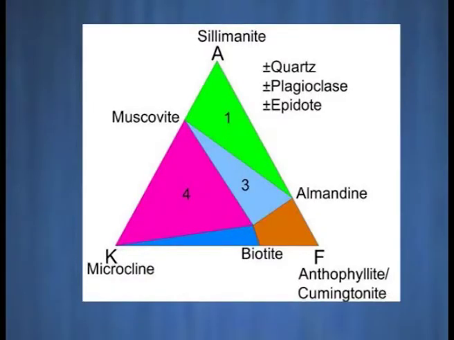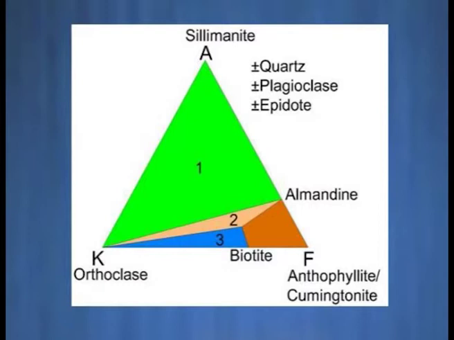Muscovite, which was present throughout the range of metamorphism from greenschist to the sillimanite-muscovite zone of the Amphibolite facies, now becomes unstable. It is with this breakdown of the muscovite that the sillimanite-orthoclase zone begins. The following reaction takes place.